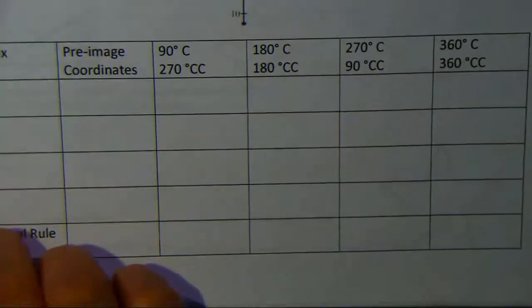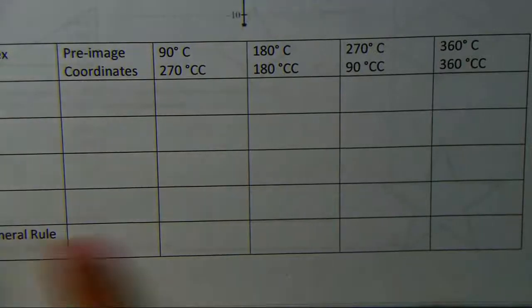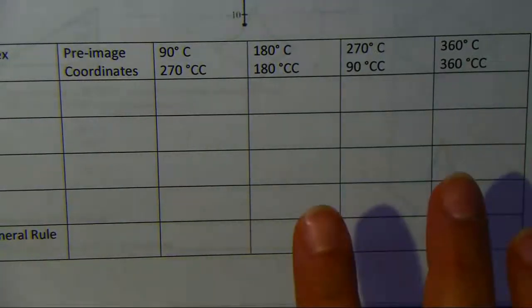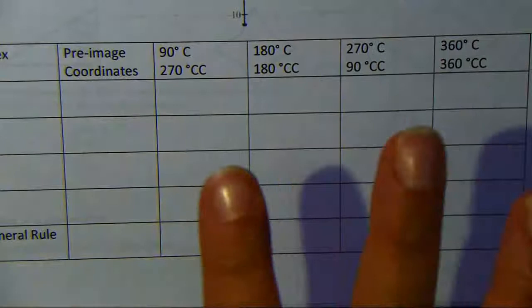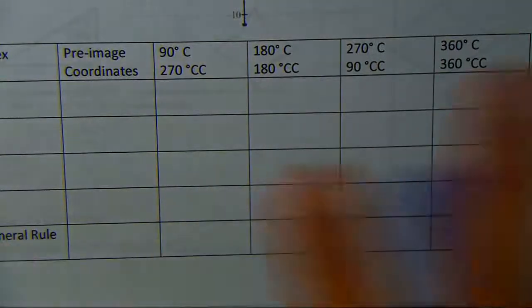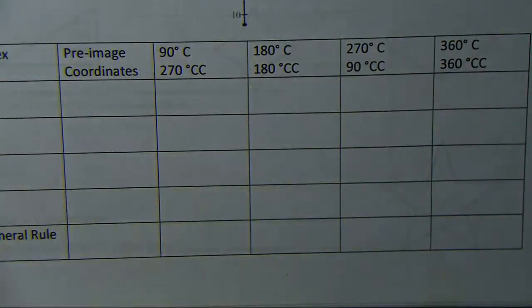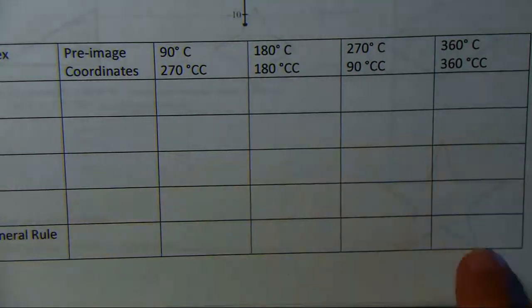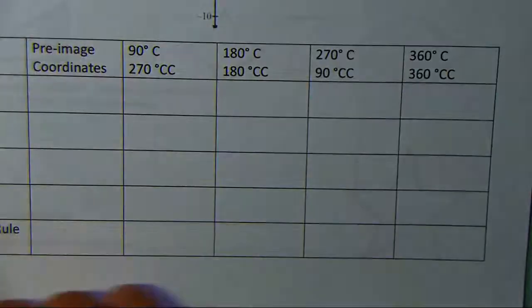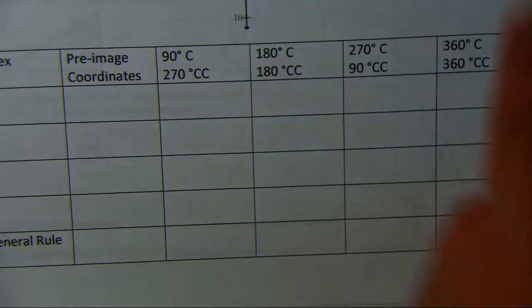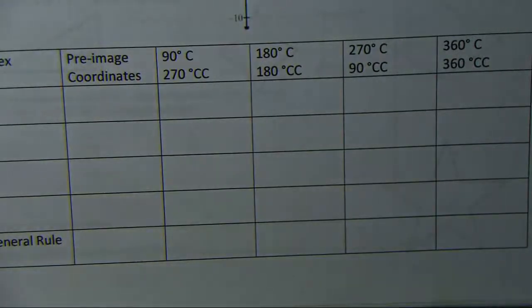So we want to write rules for when we are rotating in certain directions and in certain degrees, because then that will help us have rules just like we did with our reflection. It'll help us rotate our images that much faster.